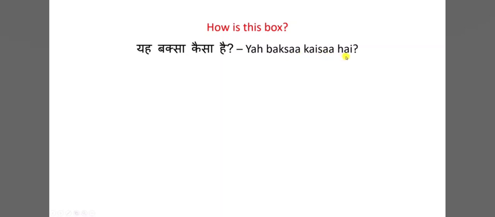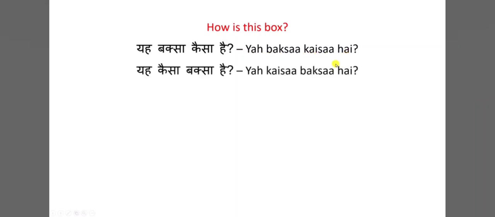It is right before the be verb, correct? है. है is the be verb. If the word for how is placed right before the be verb, then it gives the meaning of how. Okay? So this sentence translates to this sentence in Hindi.